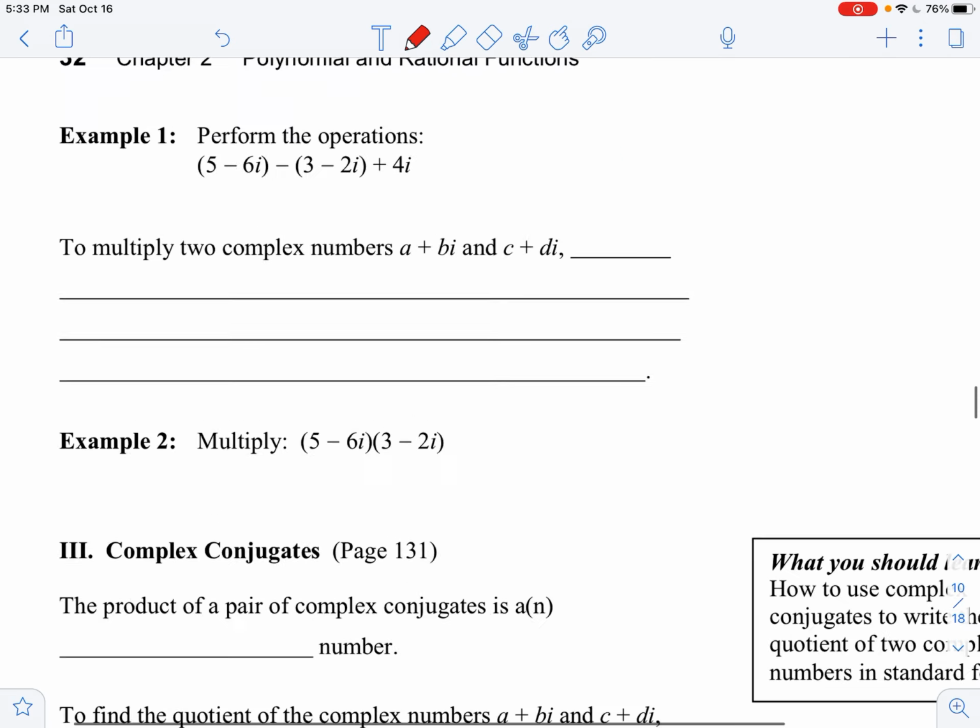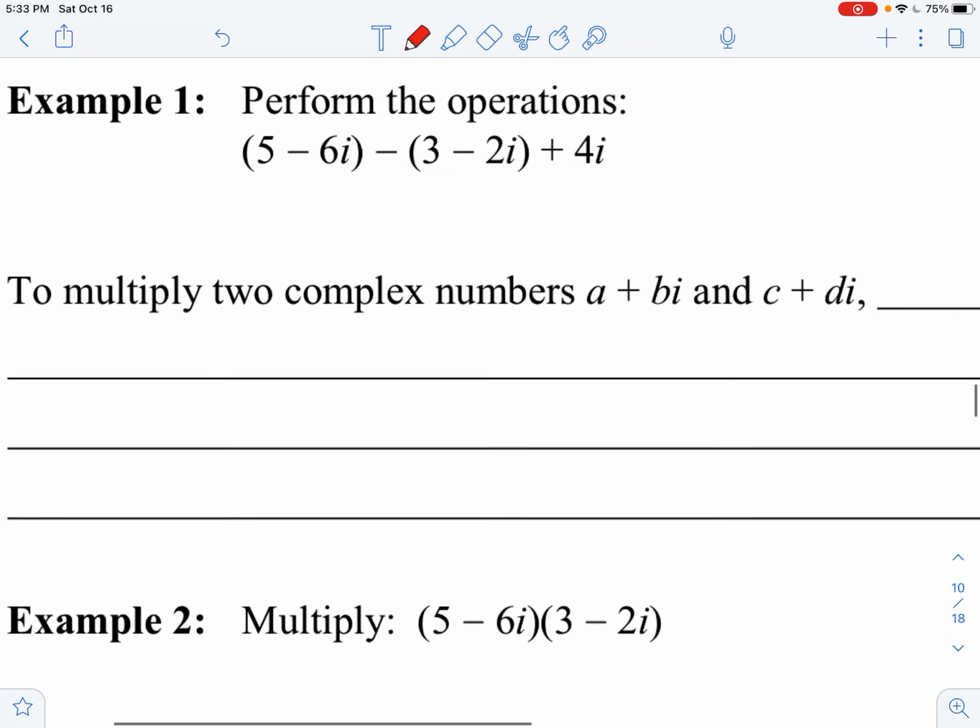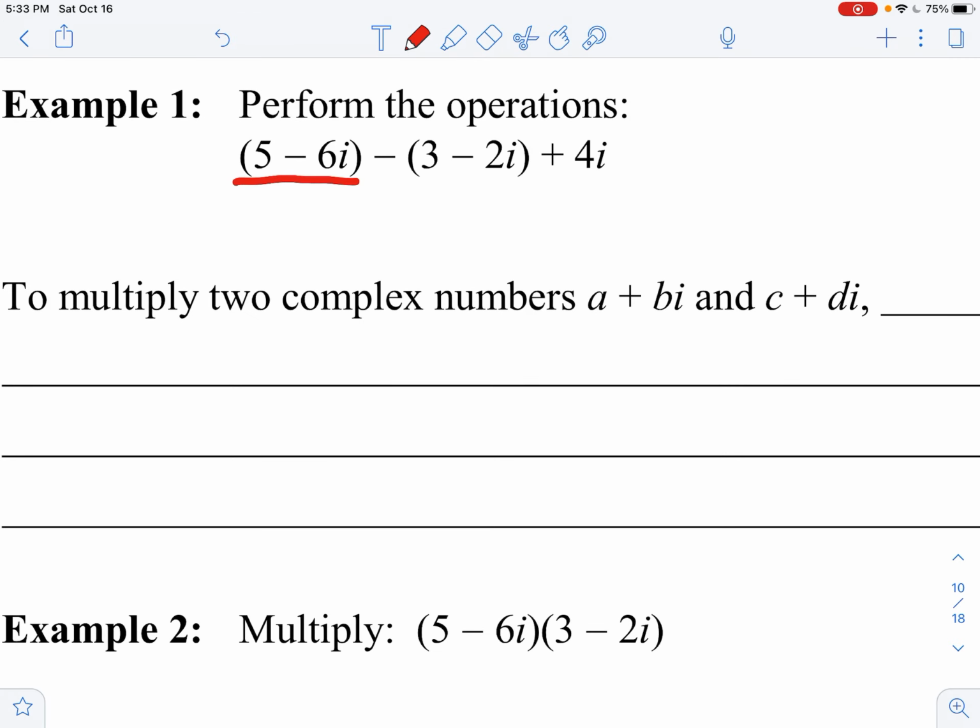Let's talk about how to perform this operation. So if I've got this expression here, 5 minus 6i minus (3 minus 2i plus 4i). Keep in mind this minus, we're going to distribute it to both. So we're going to make this an opposite, opposite, opposite. And what we get here, we get 5 minus 6i plus -3 plus 2i plus 4i.